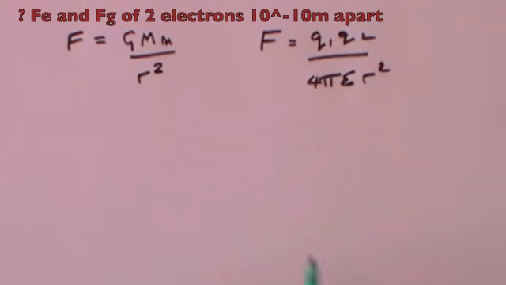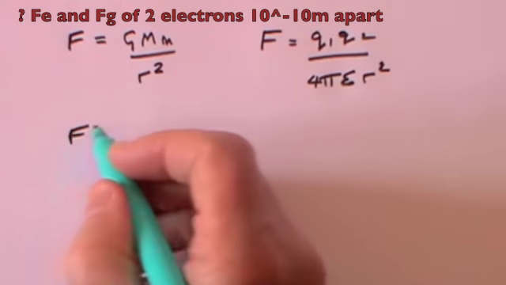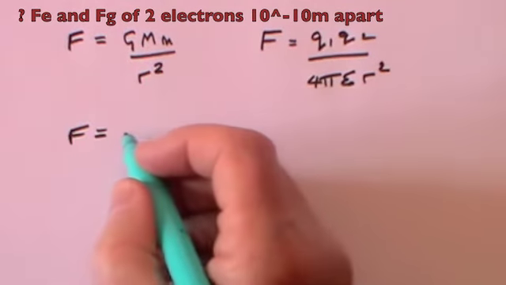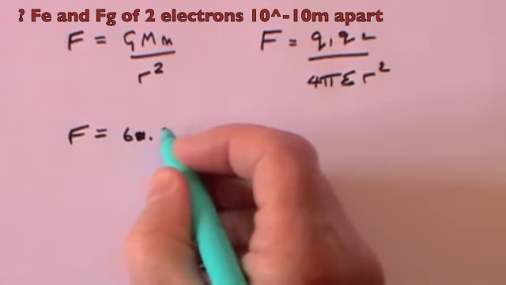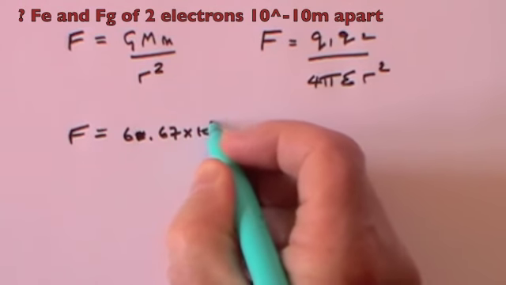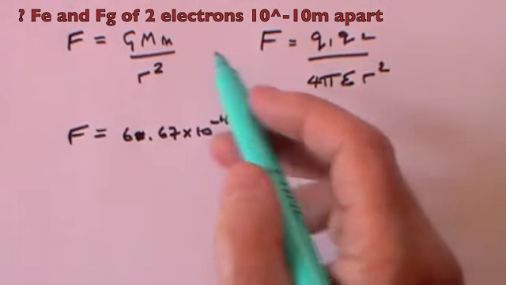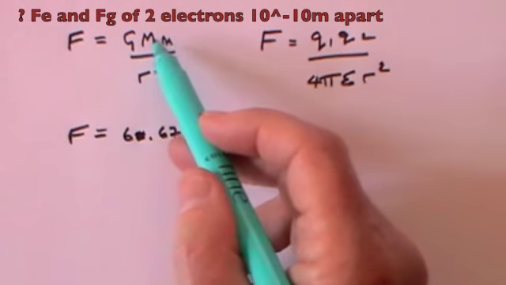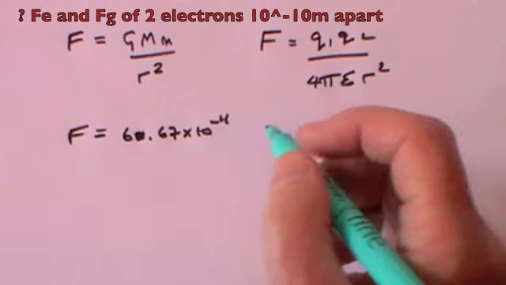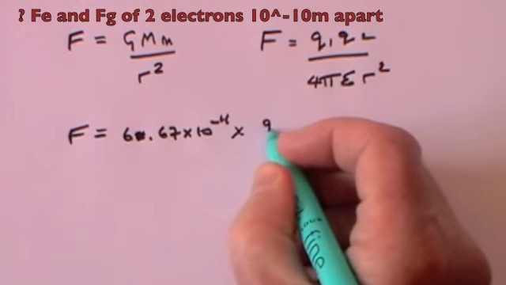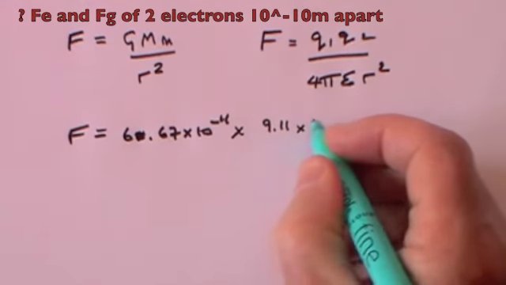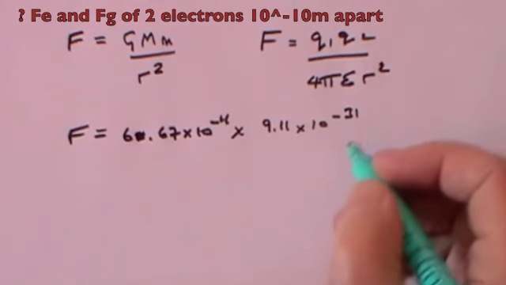So let's do the gravitational force first. That's going to be G, which is 6.67 times 10 to the minus 11, times the mass squared, essentially, because it's two electrons. So the mass of an electron is 9.11 times 10 to the minus 31 kilograms.